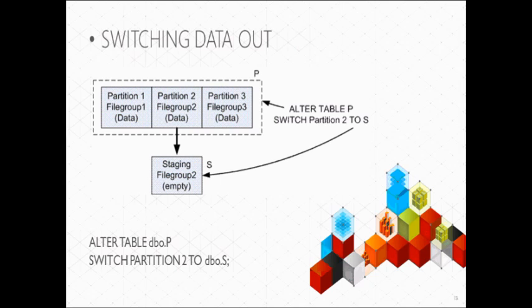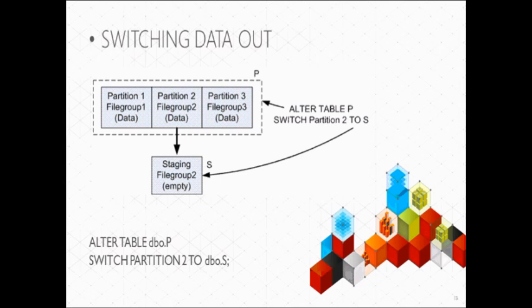To switch data out of a partition table, we should create an empty staging table on the same filegroup as the partition to be switched out, with the same structure including the partition column. We should create identical clustered indexes, and we may optionally create a nonclustered index on the empty staging table. We can also optionally create a check constraint on the standalone table to ensure that all the values of the partition column will be in the same range as the partition that will be switched out.